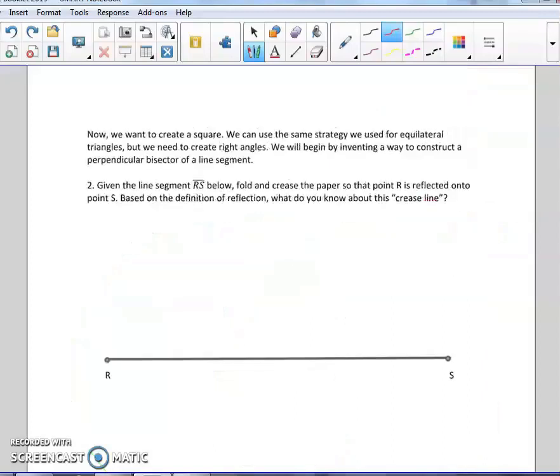The next thing that we moved to in class was we were given a line segment RS, as demonstrated below, and we folded our paper to crease R on top of S. Okay, so then we drew what we would call a perpendicular bisector.